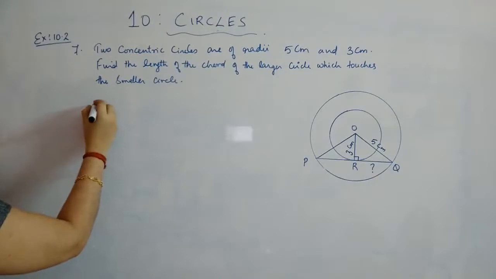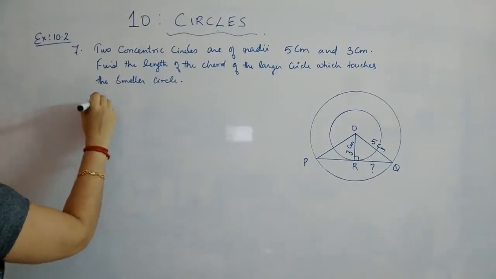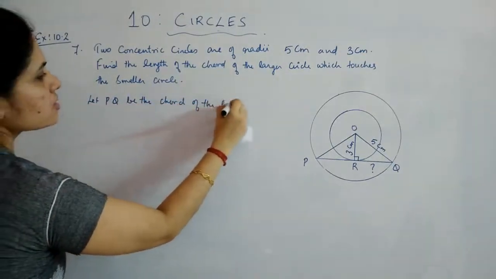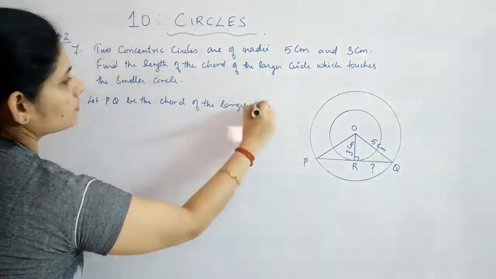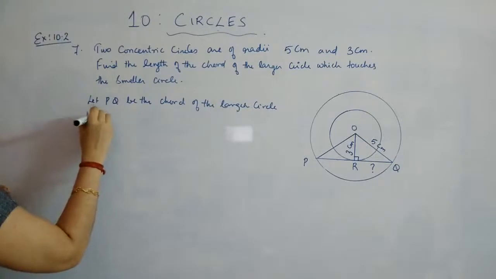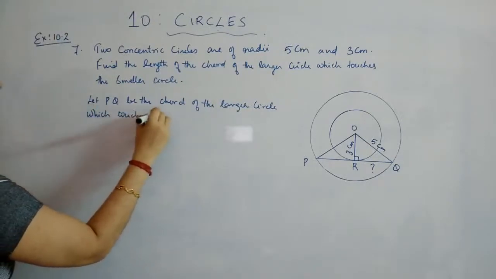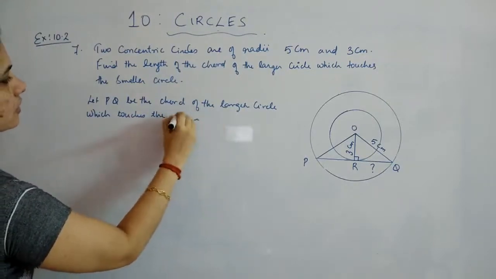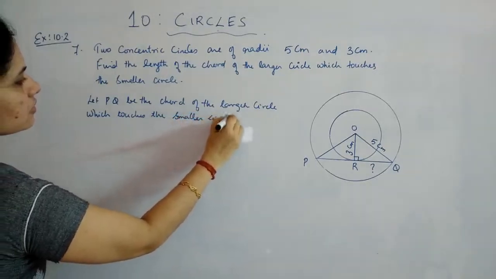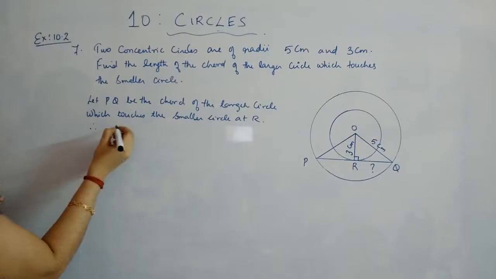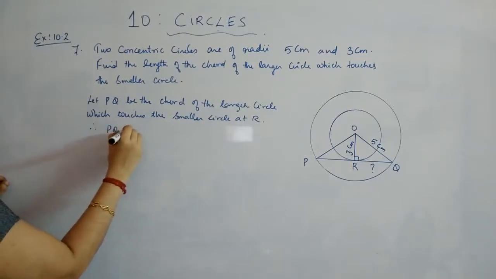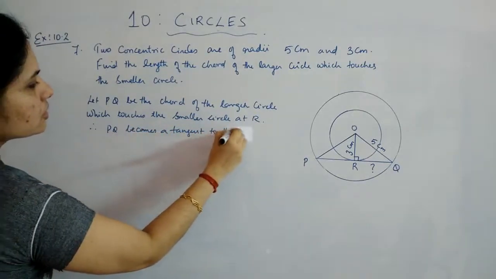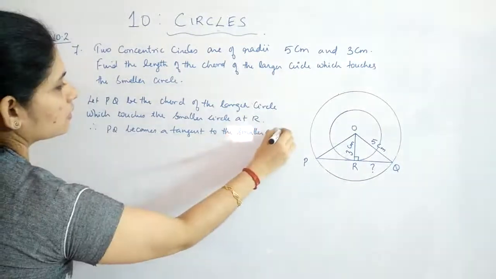Okay, so let PQ be the chord of the larger circle which touches the smaller circle at R. Therefore, PQ becomes a tangent to the smaller circle.